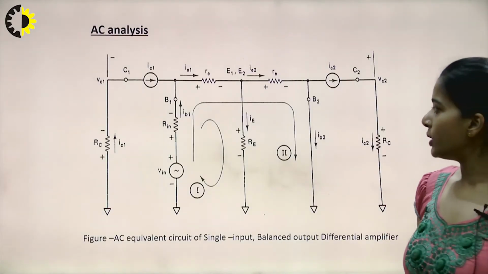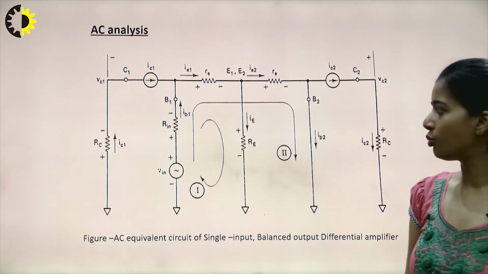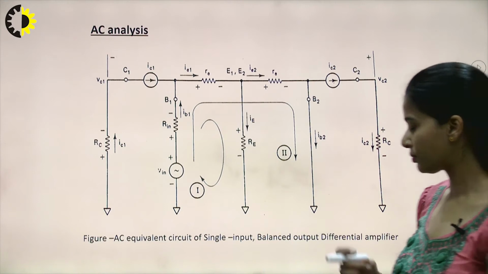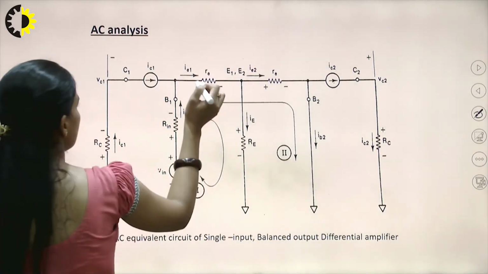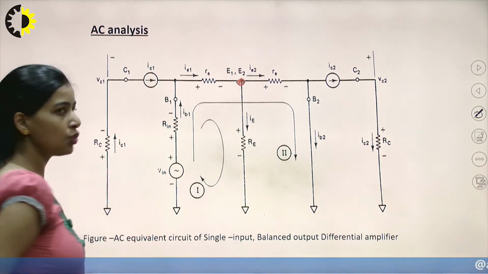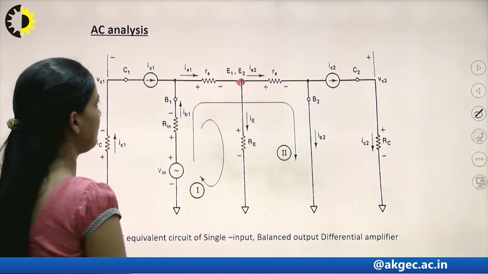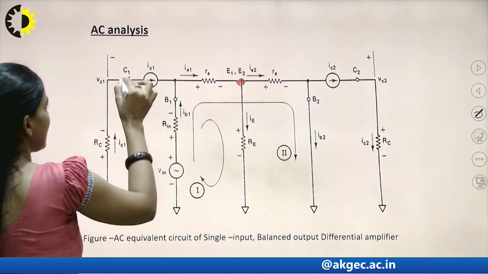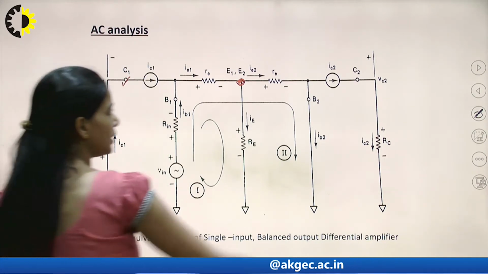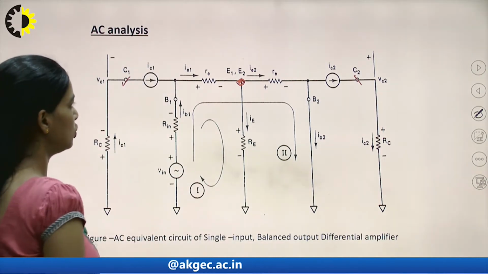Now starting with the AC analysis of the single input balanced output configuration. Here this is the common emitter point where the two emitters are being joined, written emitter 1 and emitter 2. This is the collector of transistor 1, and C2 is the collector of transistor 2.